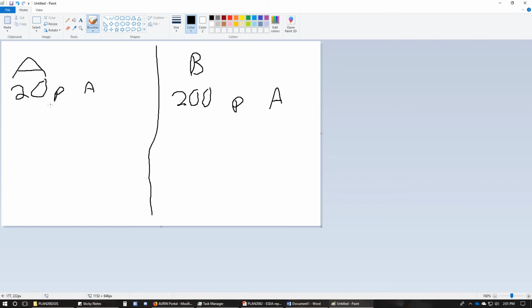But what if in reality suburb A has 40 people total aged between 65 and 74?